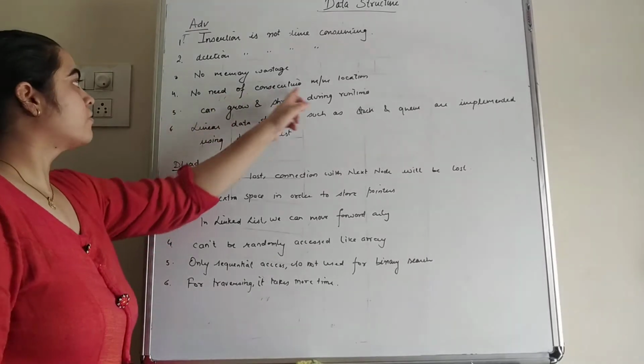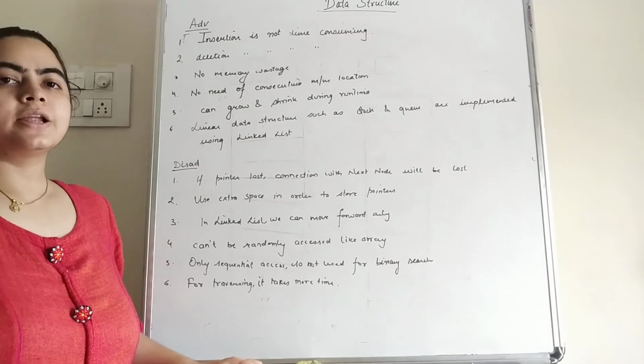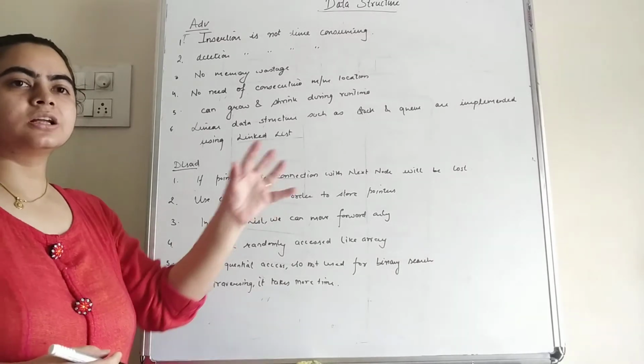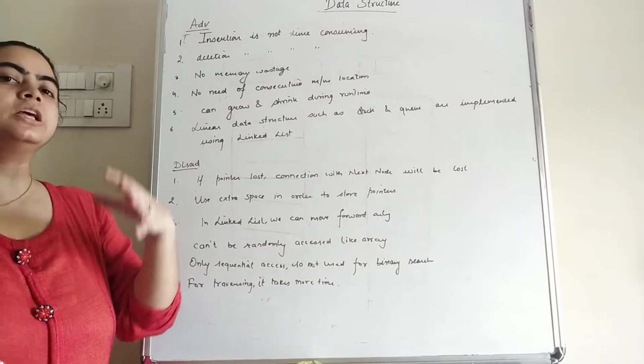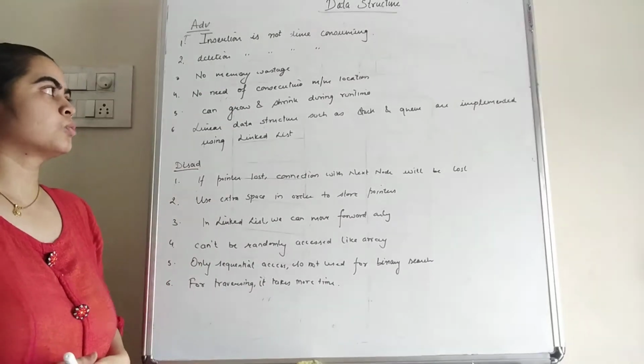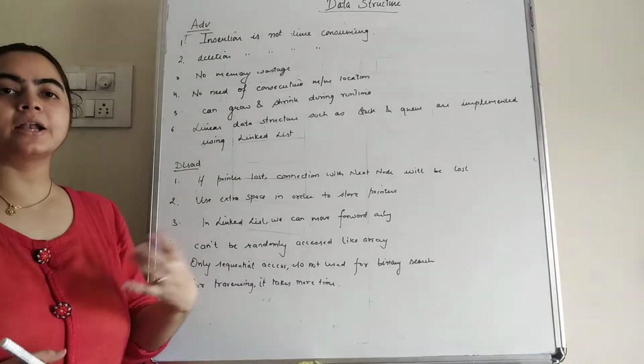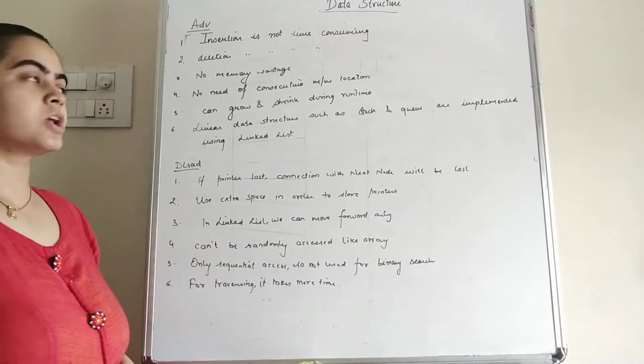Next is no need of the consecutive memory location. So that means in case of the linked list, we can save the nodes at the different locations, and with each node we can provide the link or pointer to the next node. So that means with that process we can store the data elements at the different locations.